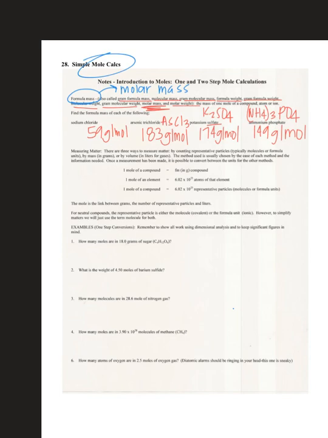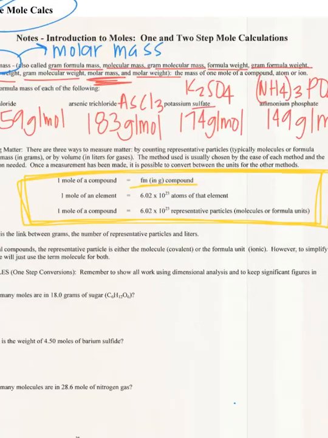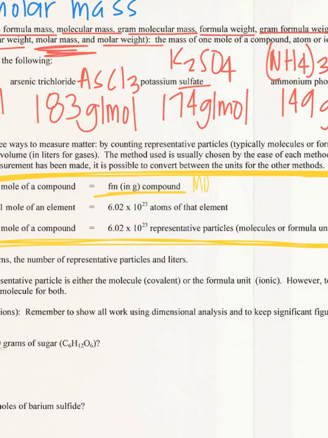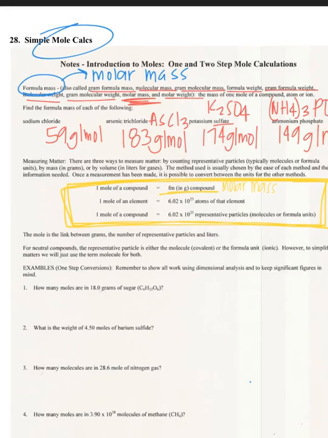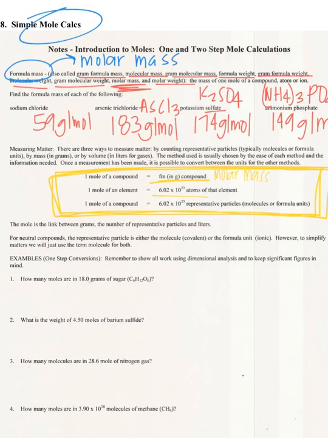Okay, this table, pretty important. It tells you everything that 1 mole can be. 1 mole can be the formula mass or the molar mass. Okay, 1 mole can also be 6.02 times 10 to the 23rd atoms of that element.